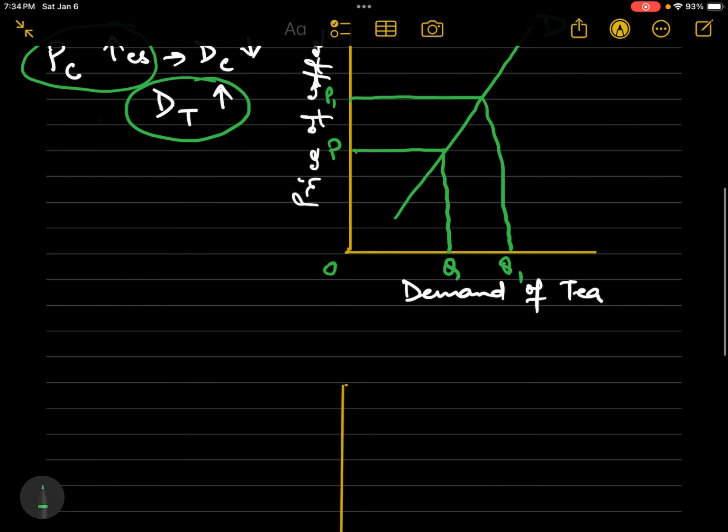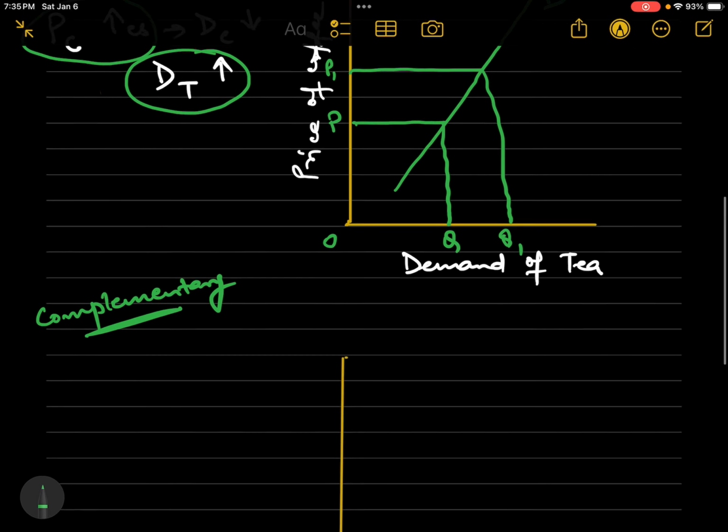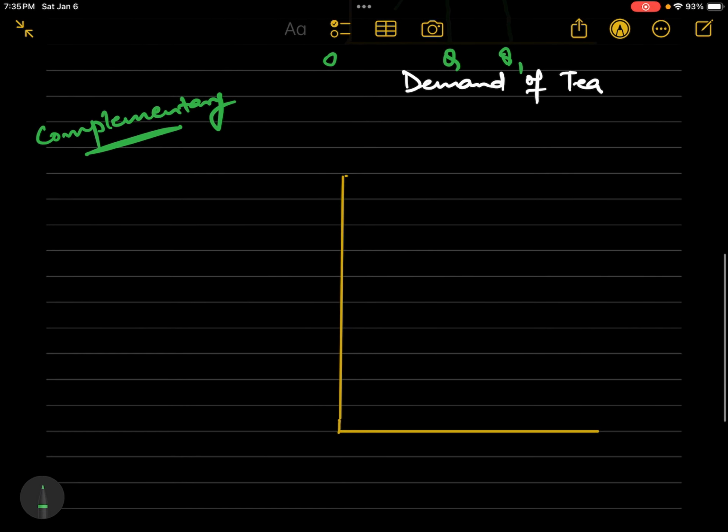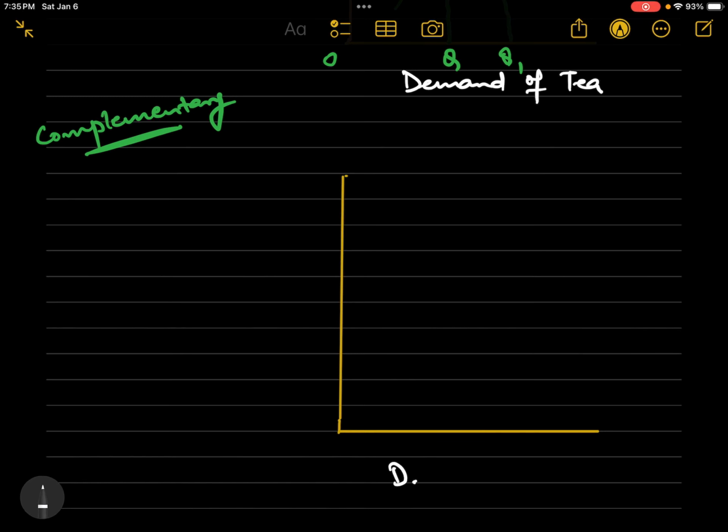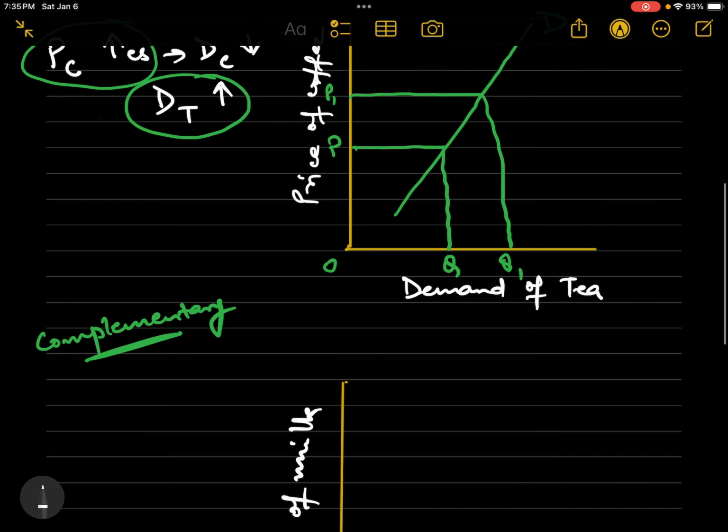Let's do one for complementary goods. Now let's think of an example for complementary goods. Maybe we can take again demand for tea, and let me take price of milk. Milk is a complementary good for tea. So in this case, what is happening?